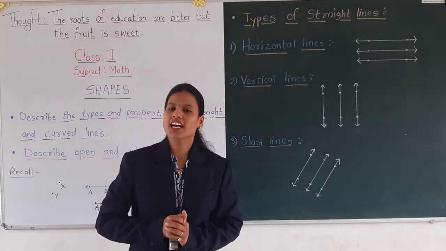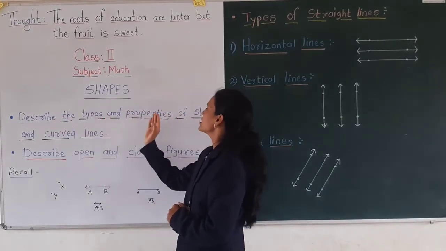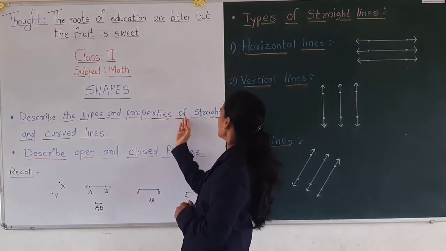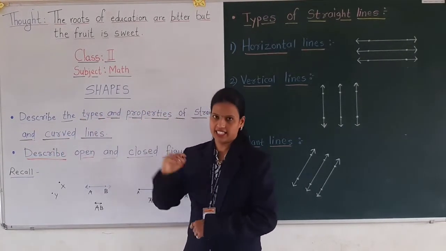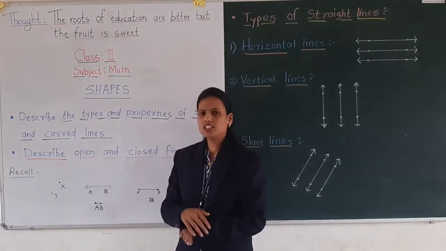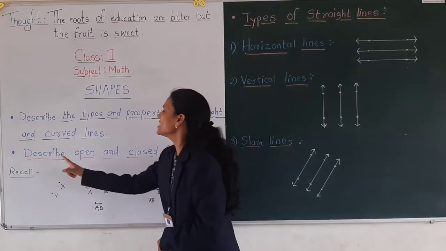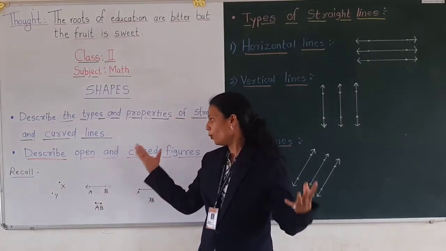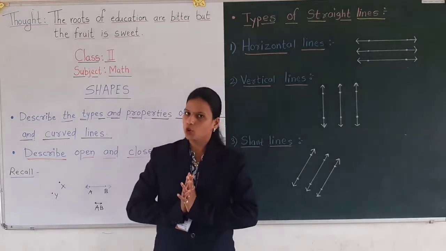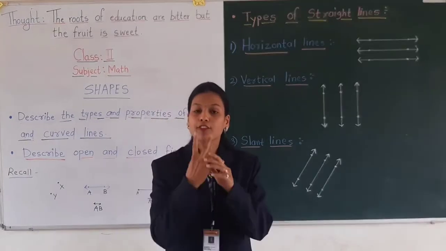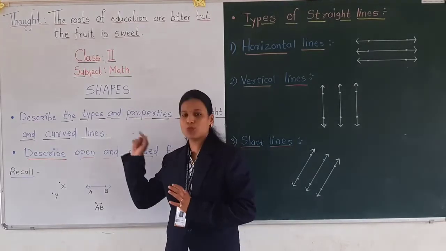Open your notebook and write down: describe the types and properties of straight and curved lines. After this, we are also going to cover one more point, that is, describe open and closed figures. Okay students, in this topic we are going to cover 2 points. So shall we start our first point?